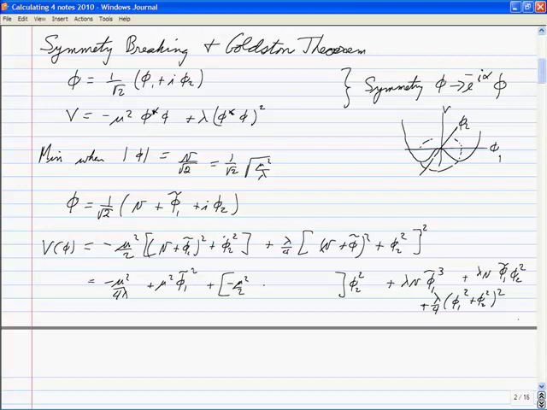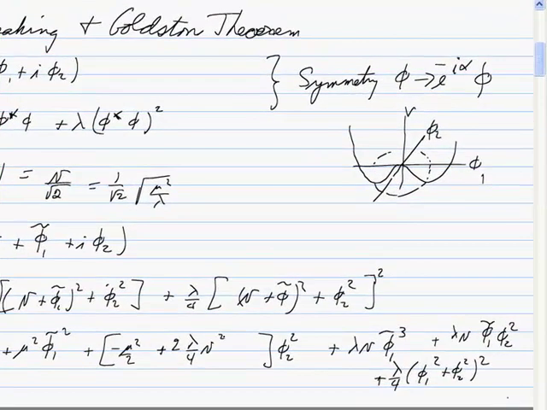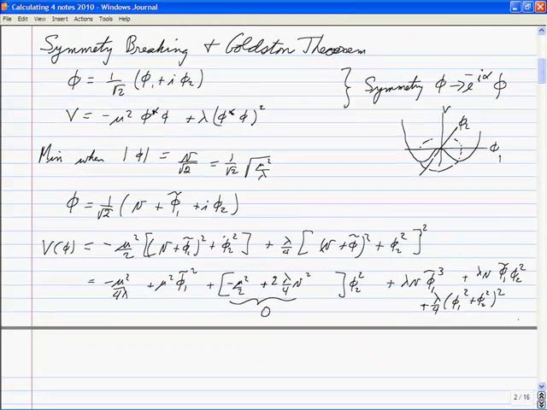So this becomes plus 2 lambda over 4 v squared. The key point of doing this is that that's 0. v squared is mu squared over lambda, so these two guys cancel.